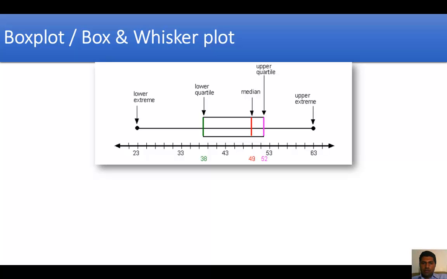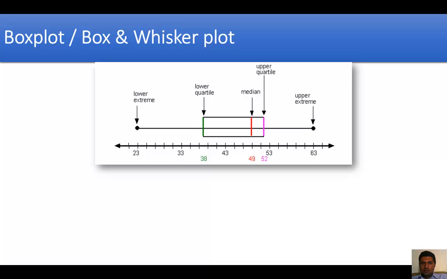You have to locate these 5 numbers on a scale, and the first quartile, median, and third quartile will make up a box, and from the outer side of the box, the upper and the lower limit of the data will form whiskers. So this is jointly known as the box and whisker plot.